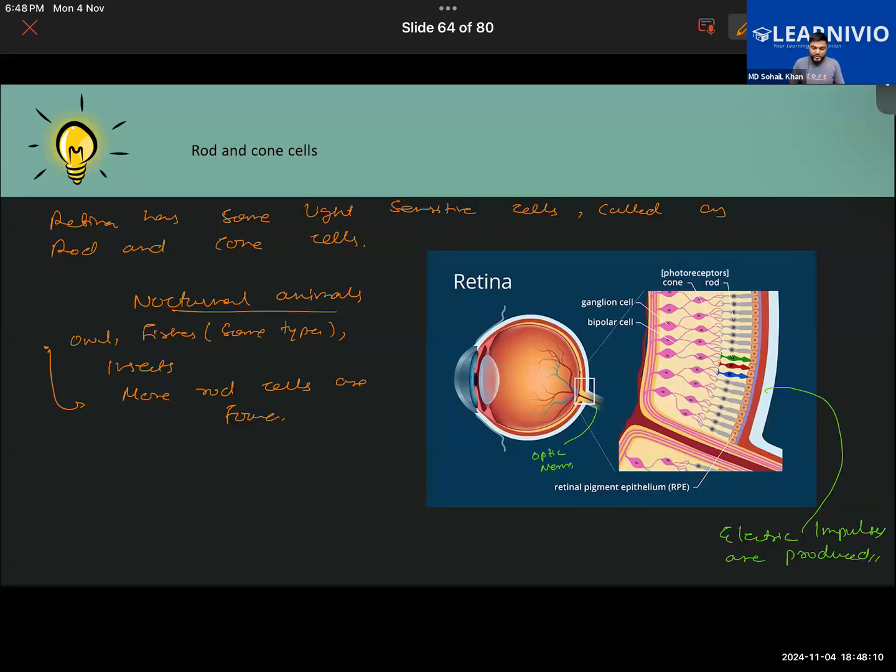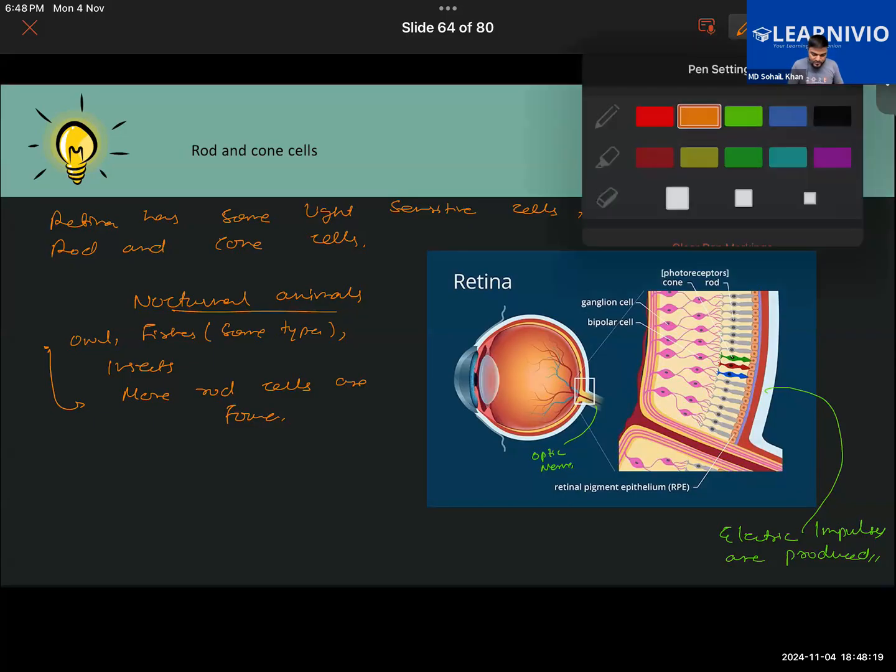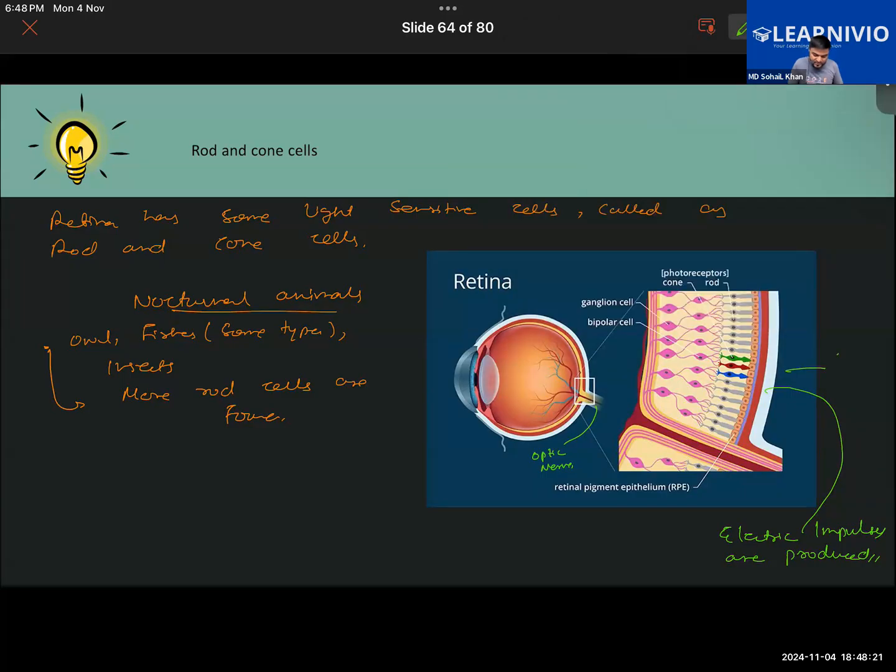The image that was formed on the retina was inverted, but your brain will process that as an erect image. Our brain interprets that image as an erect object.